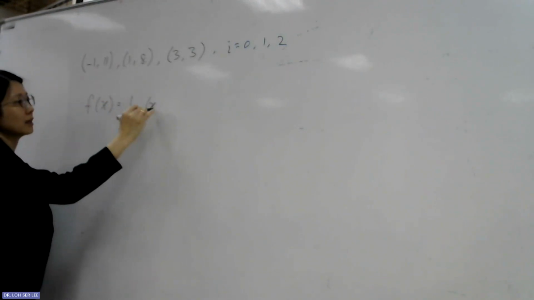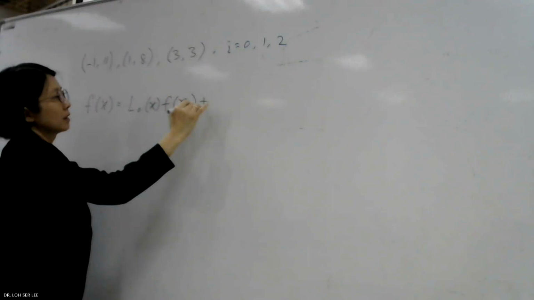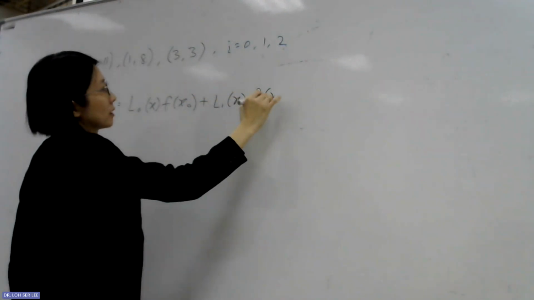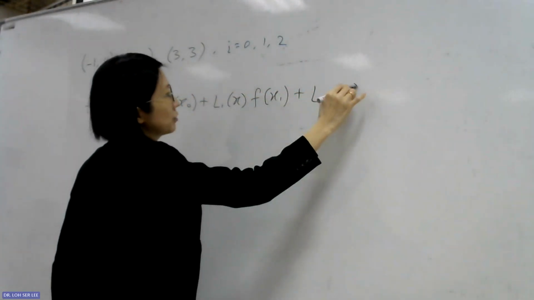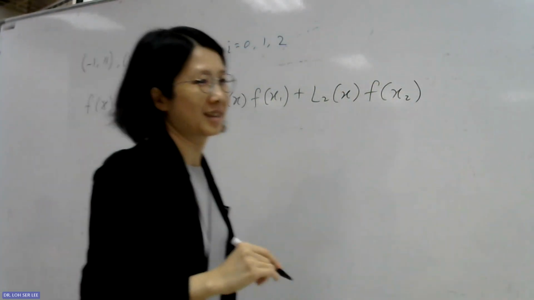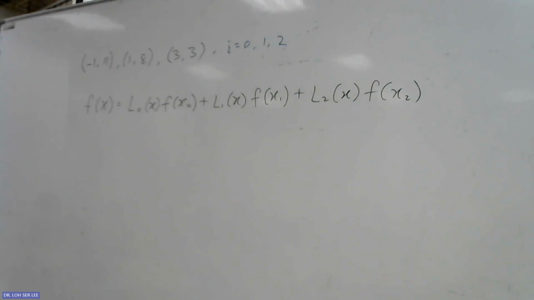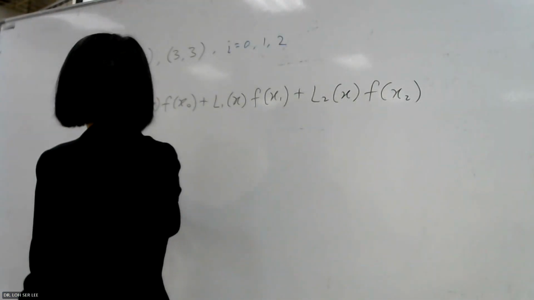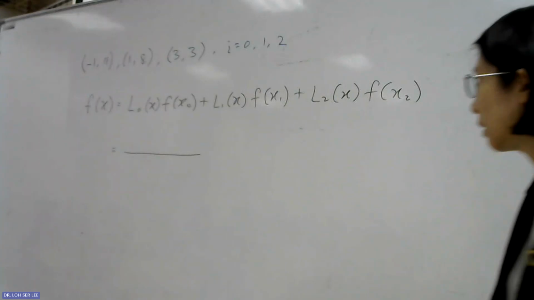You need L0 times f(x0), L1 times f(x1), and L2 times f(x2). That forms the L0, L1, and L2.